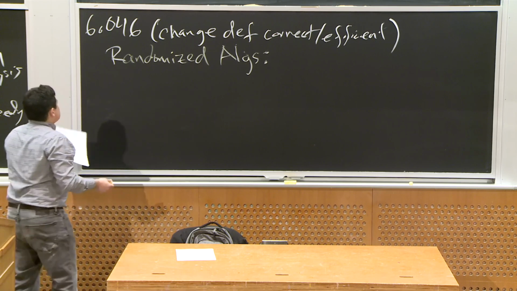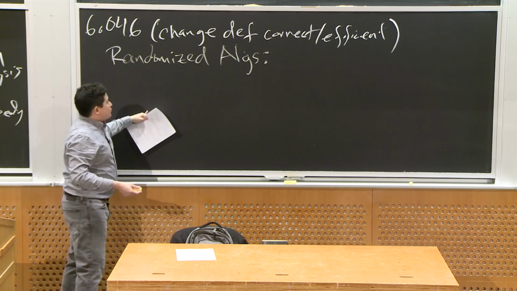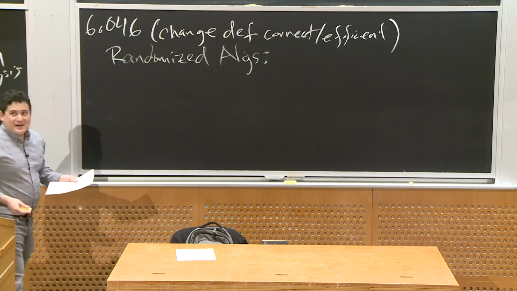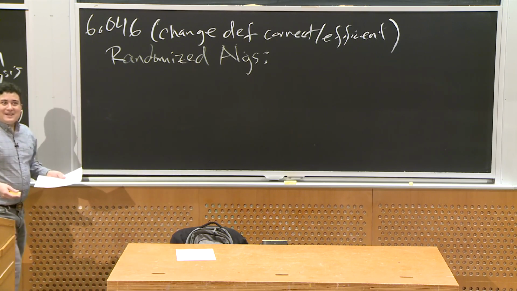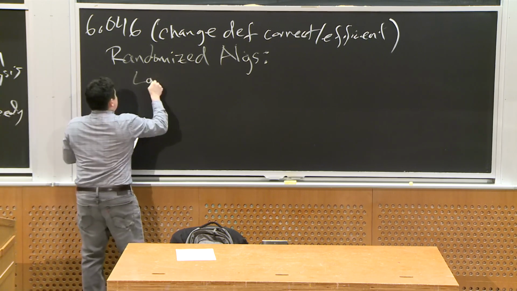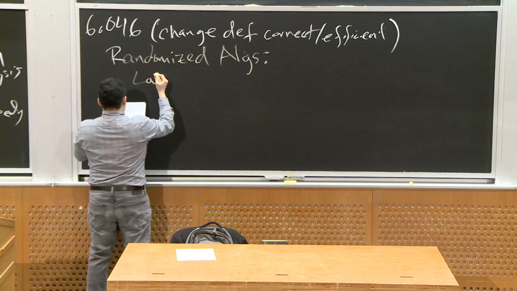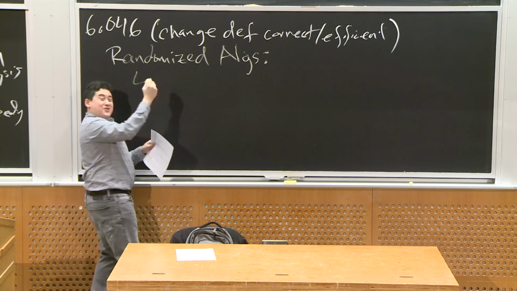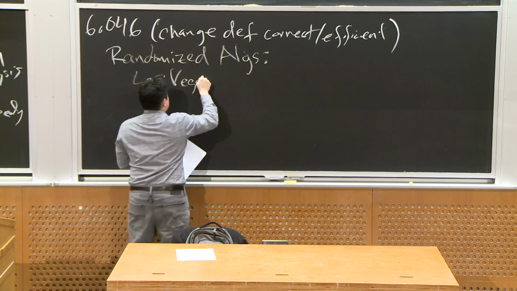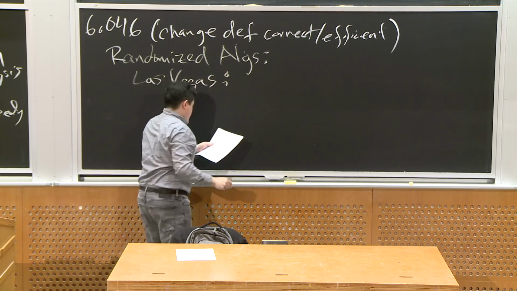right? So there's two types of randomized algorithms. They have these weird names based on regions of the world, shall we say. There are Las Vegas algorithms.